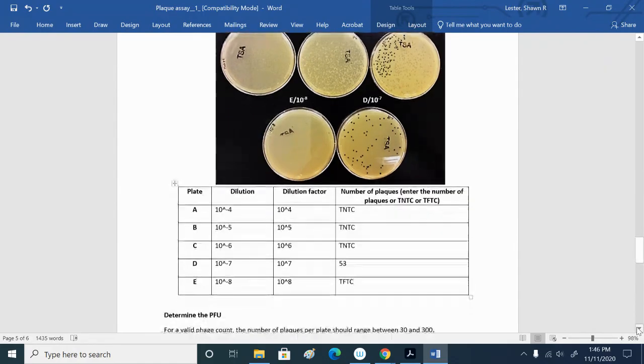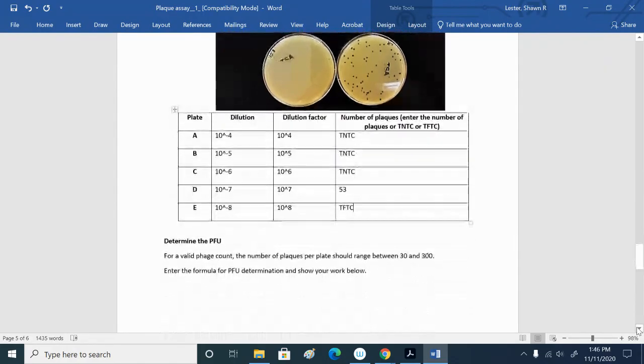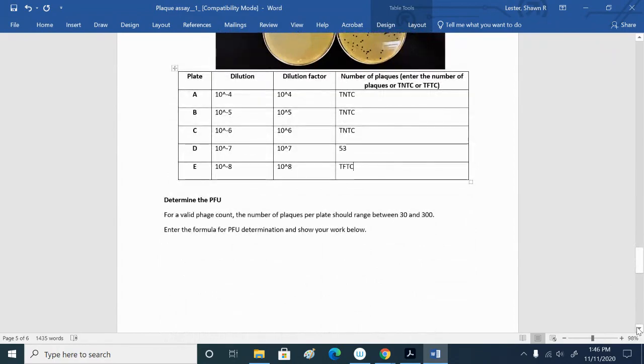So we have 53 plaques on plate D. Remember, it's number of plaques times the dilution factor. And what's the dilution factor for plate D? 10 to the positive 7.